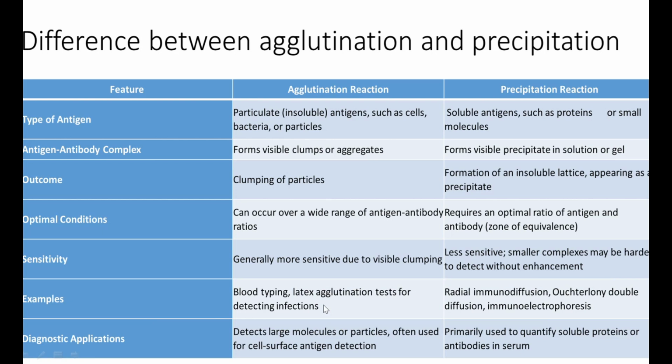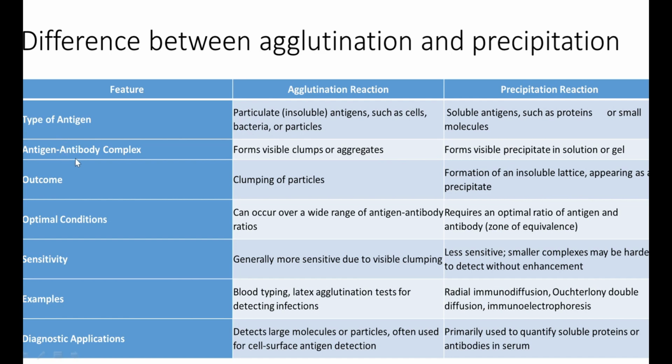Let me show the difference between agglutination and precipitation. First, based on the antigen, agglutination involves a particulate antigen, which is insoluble. In the precipitation reaction, a soluble antigen is involved.